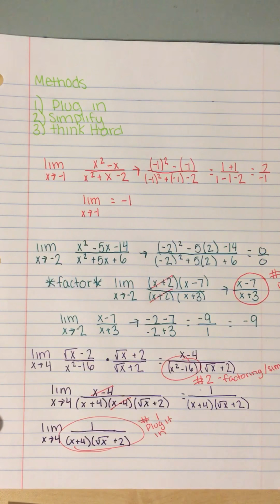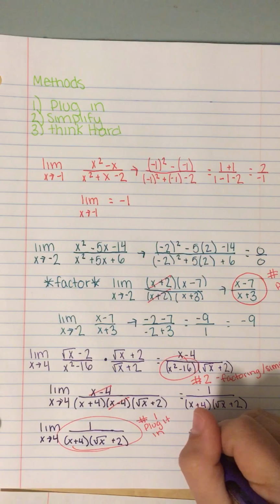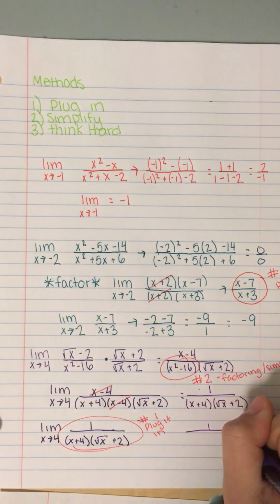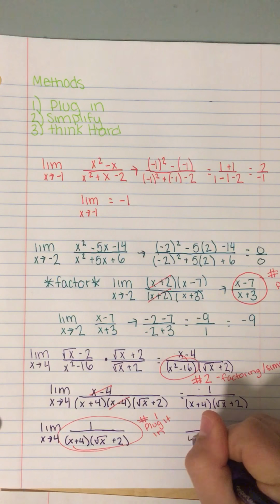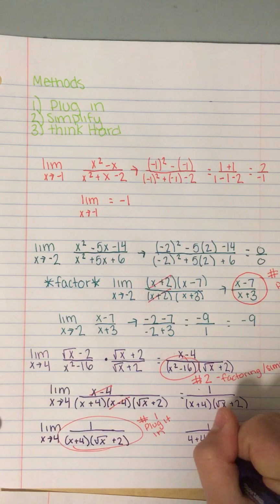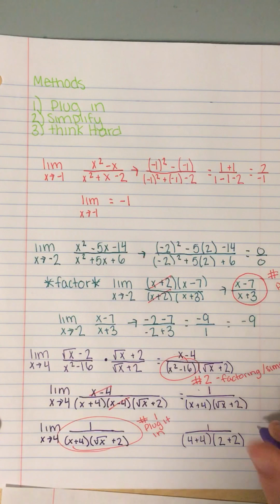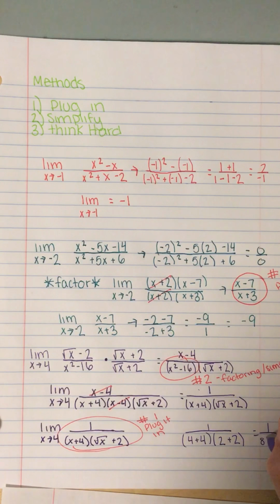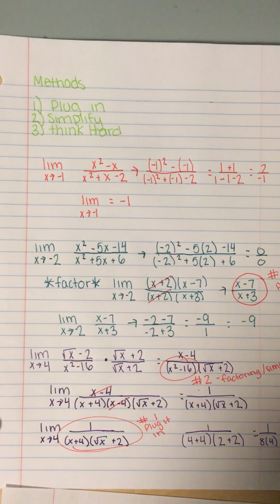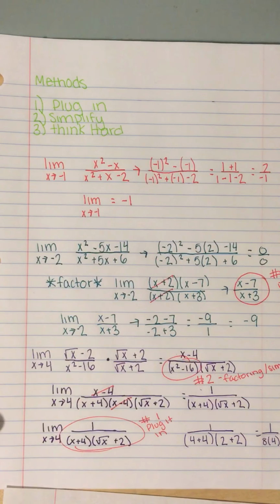Okay, so now when we plug it in, we're going to get 1 over 4 plus 4 multiplied by the square root of 4, which would be 2, plus 2. So we're going to end up with 1 over 8 times 4, which would be 1 over 32, which would be our answer.